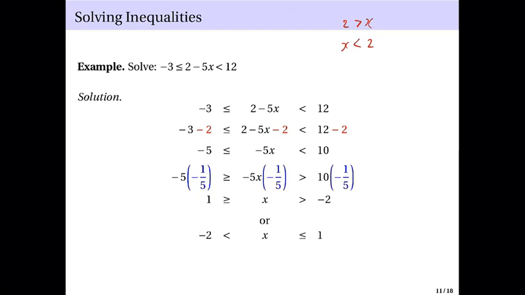Now, in a chain of inequalities, as I have mentioned earlier, the direction of the inequality must be the same. You will not see something like x greater than or equal to 1, also greater than or equal to 2.